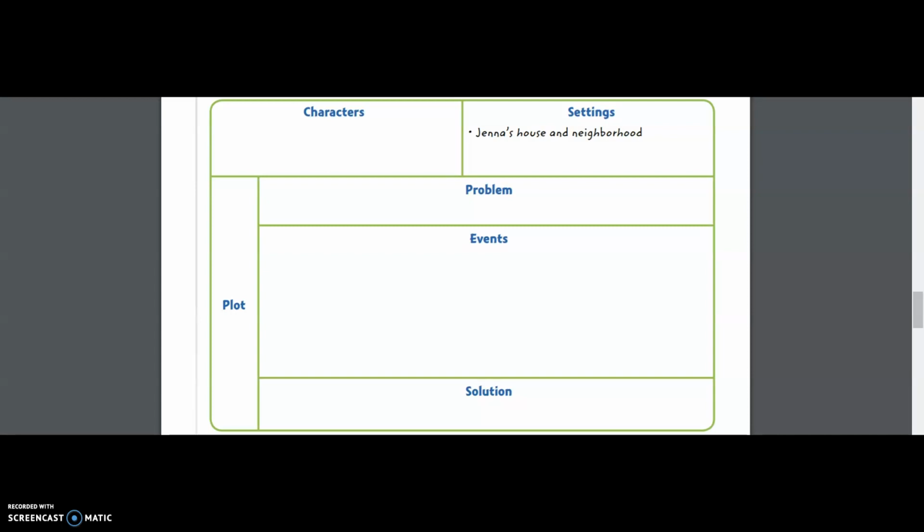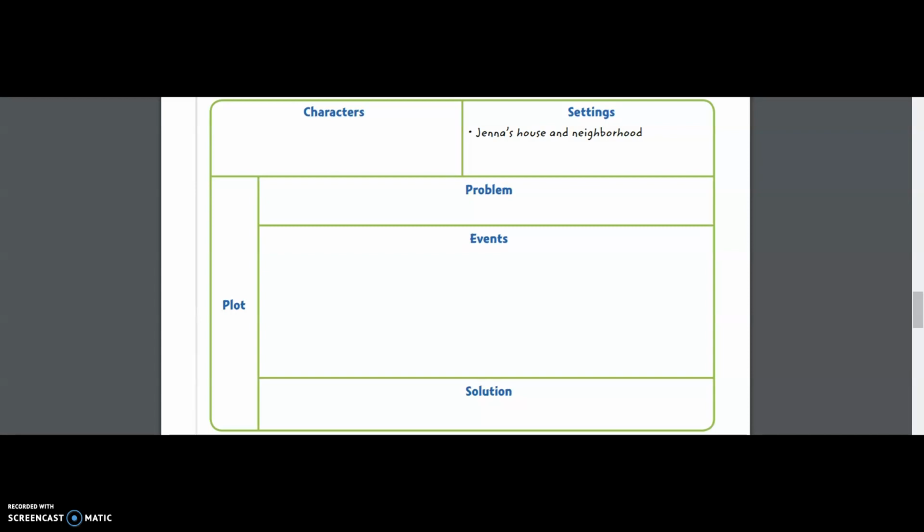Another way to think of it is: who are the characters, where and when is the setting of this story, what problem happens, why does it happen, and how do they solve it. So all of those different questions help you to fill out this story map. It helps you to figure out those important details.